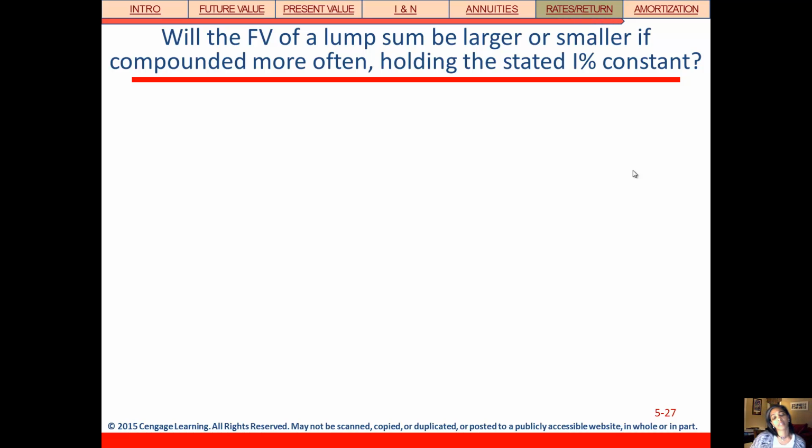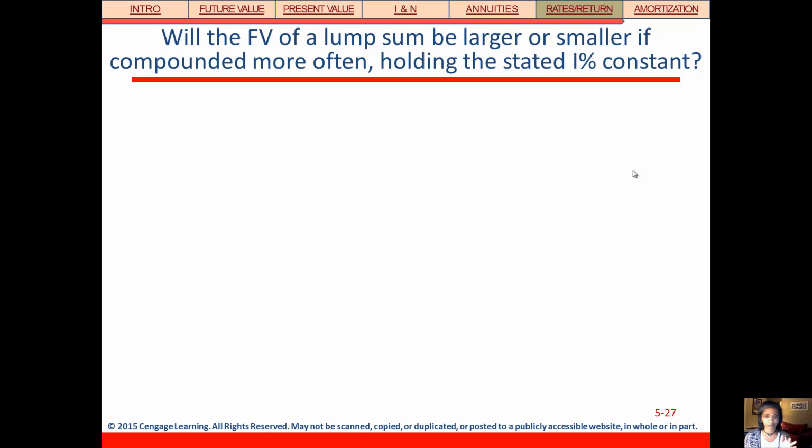So now, some questions to make sure that you're following what we're talking about. Will the future value of a lump sum be larger or smaller if compounded more often, holding the interest rate constant? So up to this point, we've been talking about annual compounding, but now we want to talk about quarterly compounding or semi-annual compounding or even monthly compounding.